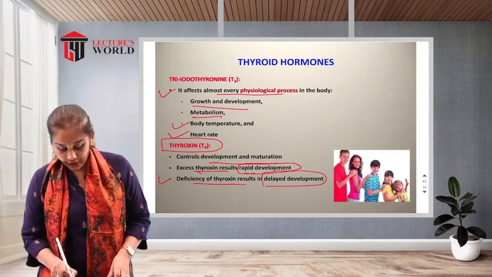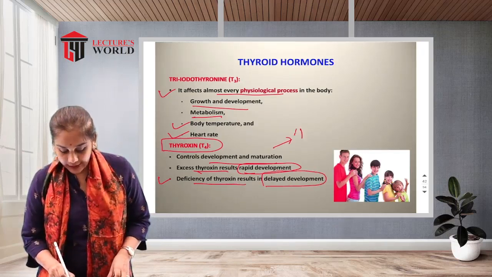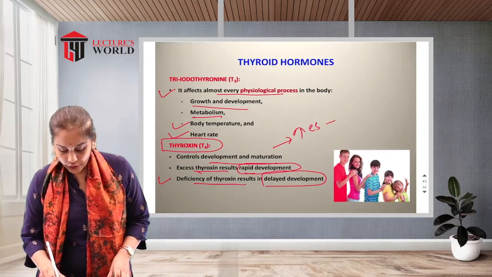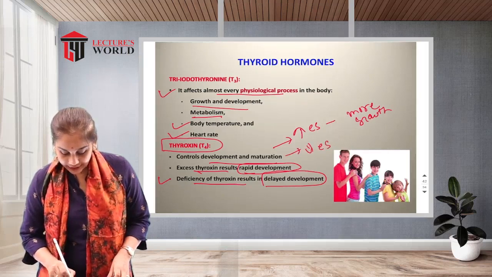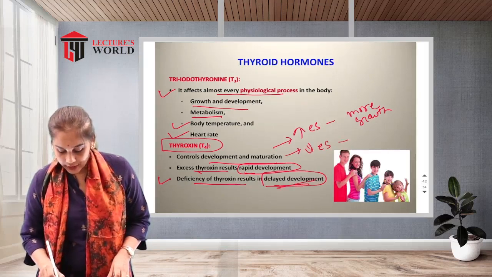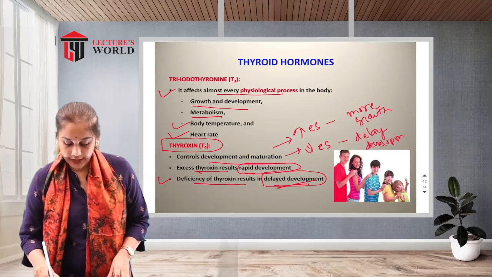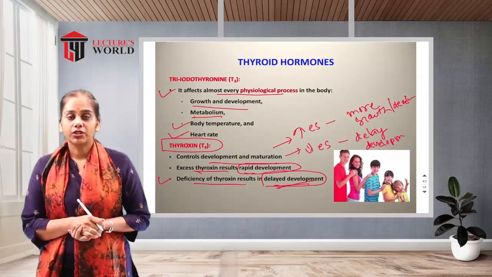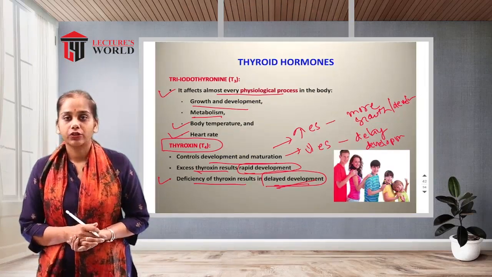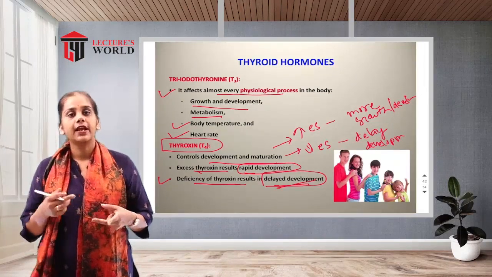If the level of thyroxine increases, there is more growth, while if the level decreases, there is delayed development. So this is the function, or we can say the action, of the thyroid hormones, T3 and T4.